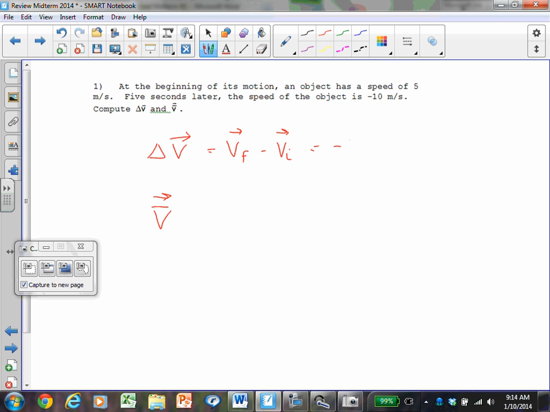Negative 10 meters per second minus 5 meters per second equals, okay. And then the other thing, which looks like average, would be minus 10 meters per second plus 5 meters per second over 2. What? Negative 2.5.